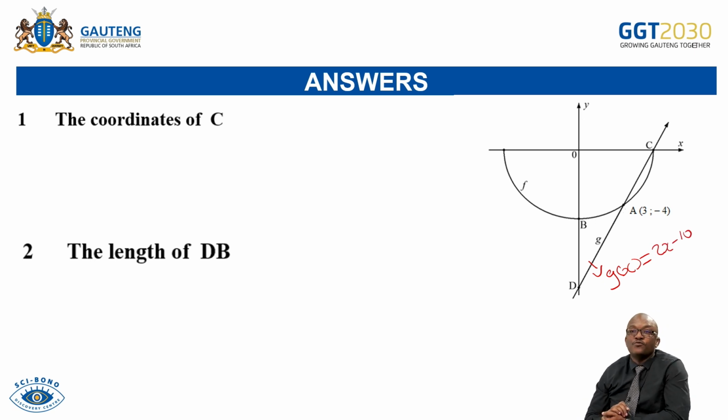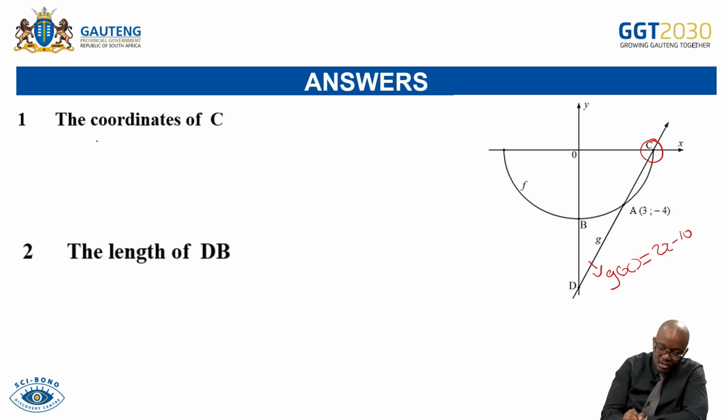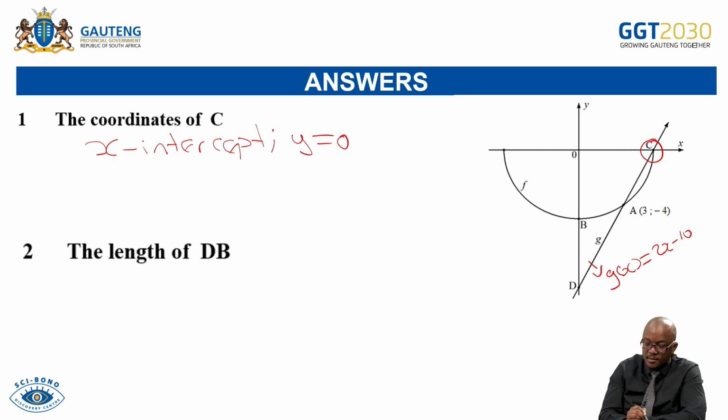And they say we must look for the coordinate of C. You can see that it's at the x-axis. So the only thing to do is find the x-intercept. Your y will be 0. Then, if your y is 0, what will be the value of x?